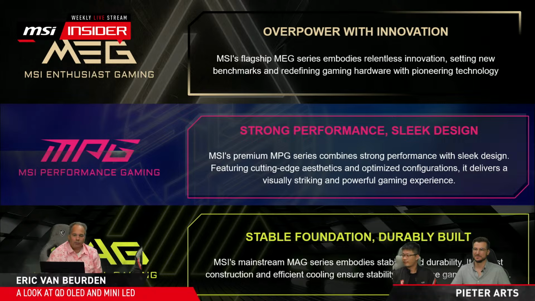And if you apply this to monitors, the segmentation, is there like a rule? I mean, MEG is high end, for example, but we also have MAG, the entry-level QD-OLED. So how does it work? Is it based on price or more features, added value? I will say there will be a definition for each segmentation. For example, we start from the MAG series, MSI Arsenal Gaming.